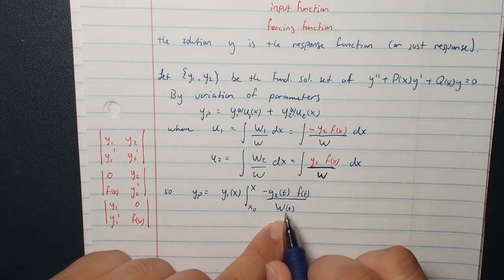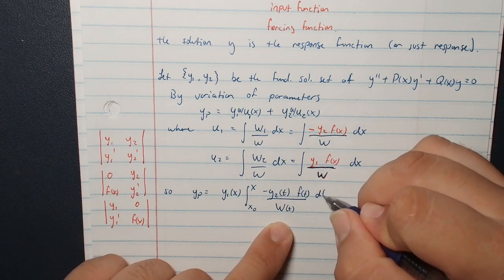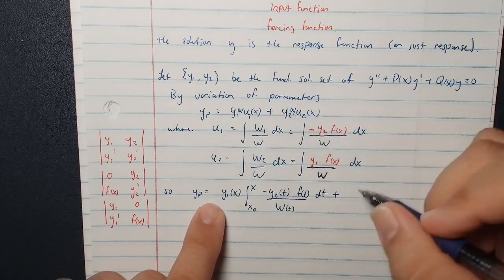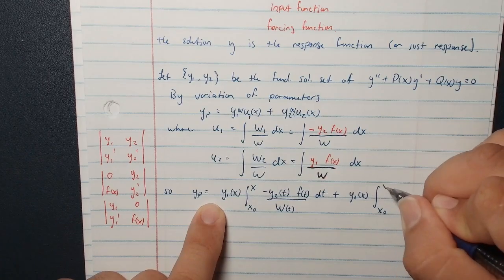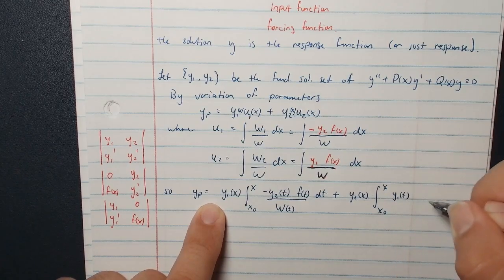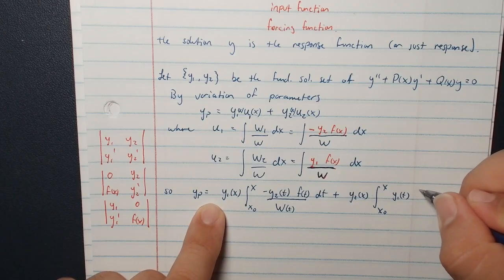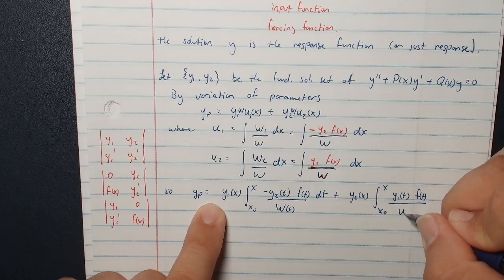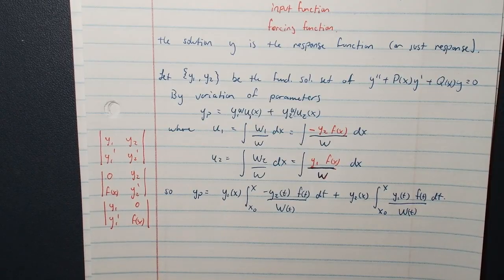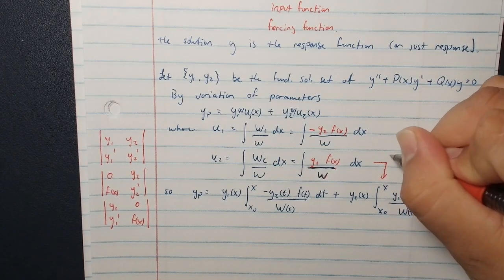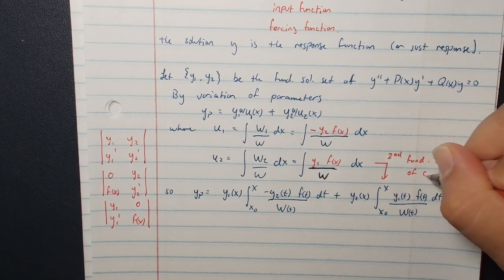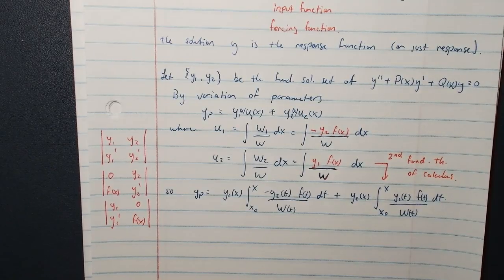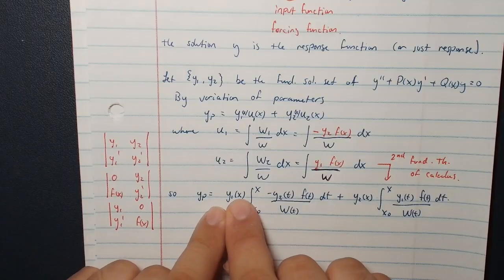It just means change the variable to t. dt plus, and then my y2 is going to get multiplied by this integral, which again I'm going to rewrite as the integral from x naught to x of y1 of t f of t over w of t dt, again by the second fundamental theorem of calculus. Okay, so now we look at this and say, well, hold on. That's an x, right?